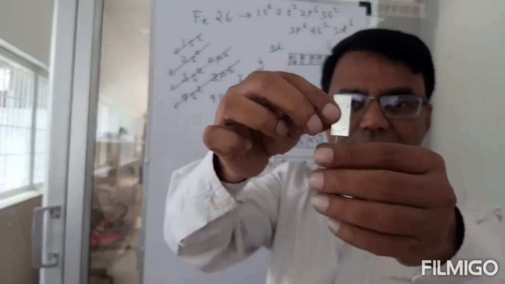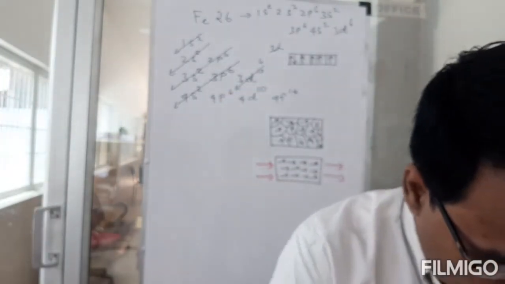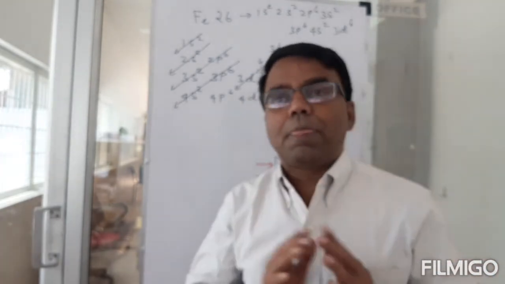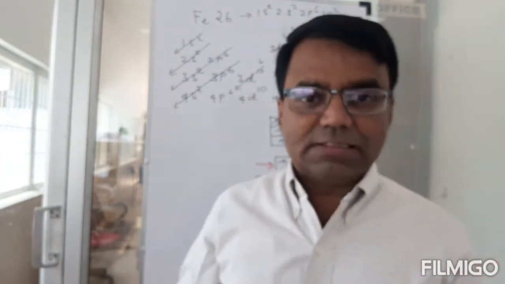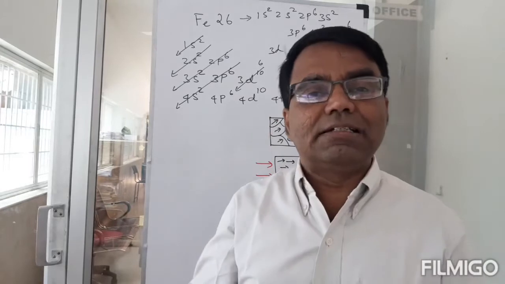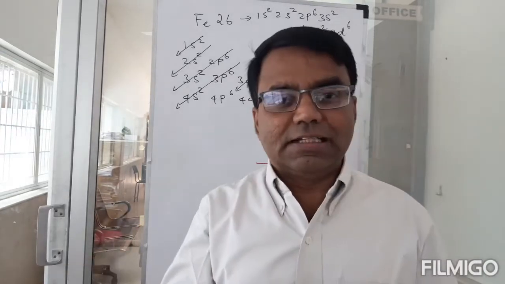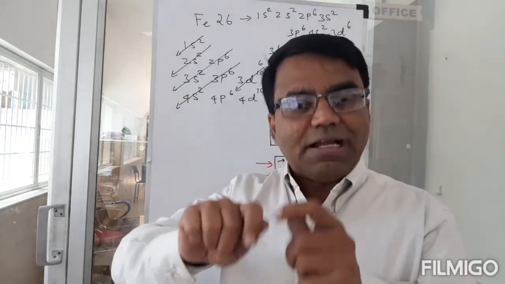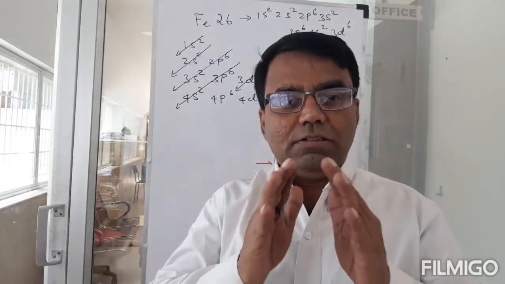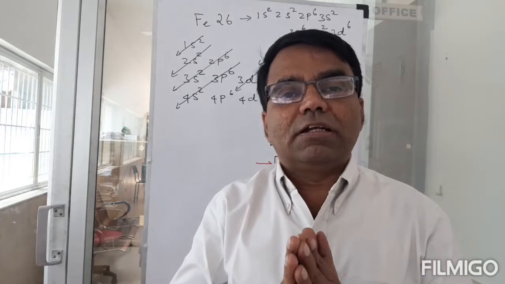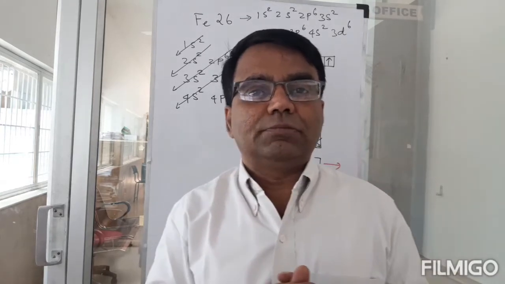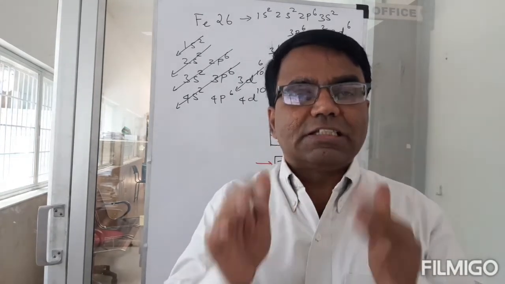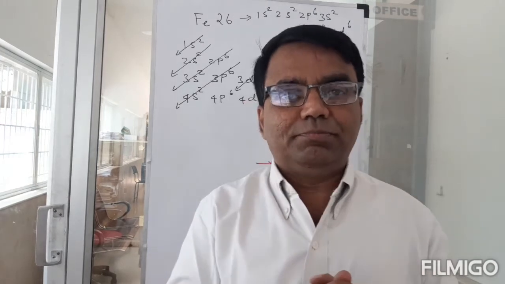Okay? So materials like this, which retain the magnetism after they are magnetized by a magnet, and the magnet is removed, such materials are called hard magnets, or this is called hard ferromagnetism.